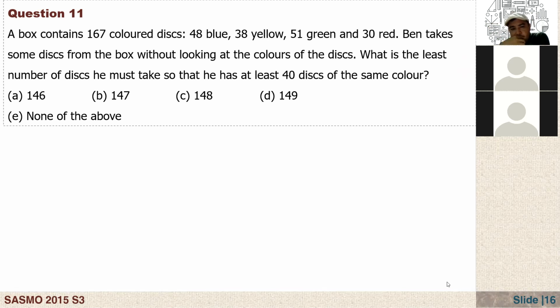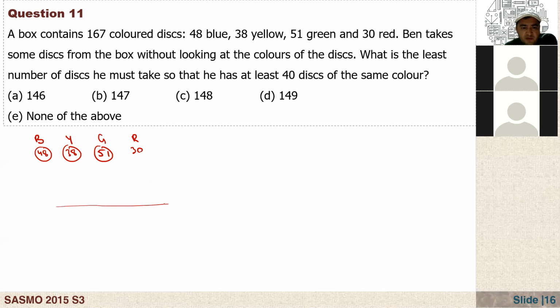No, because blue 48, yellow 38, green 51, and red 30. How do you do that?